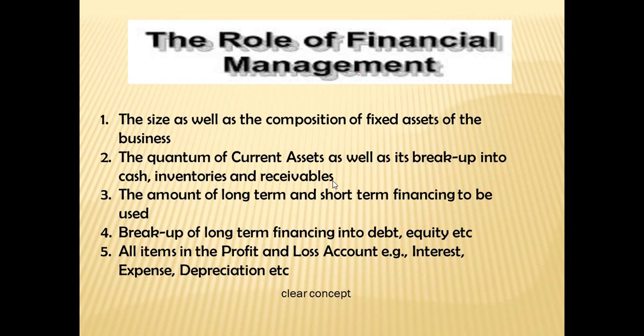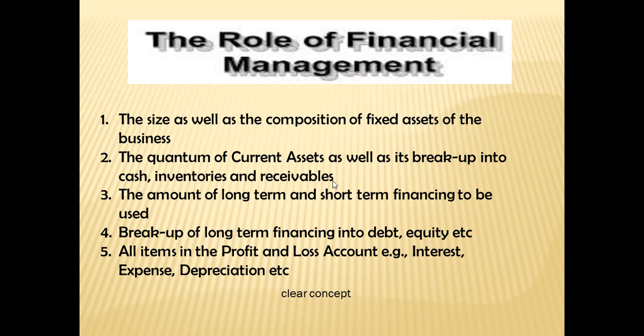Next, that is breakup of the long-term financing into debt, equity, etc. Long-term financing sources include primarily equity share capital, preference share capital, retained earnings, debenture, long-term loan, etc. Under financial management, the proportion of various long-term financial sources is determined.